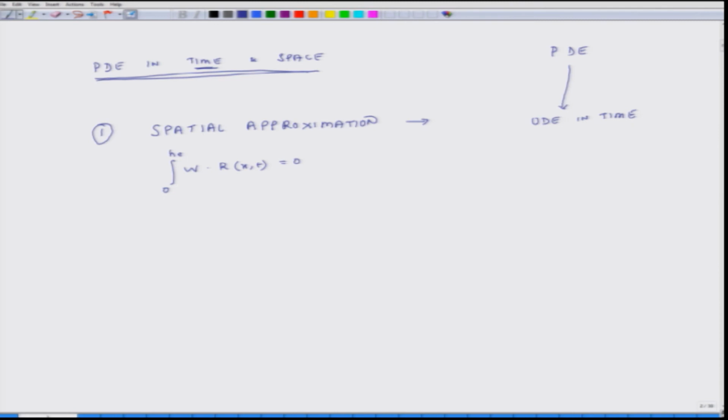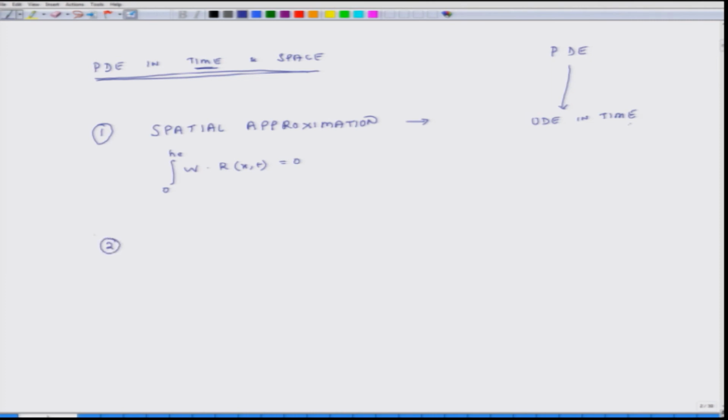Once we do this, all the derivatives with respect to x get eliminated, and the only things left are related to derivatives of time. So now we are left with only derivatives in time, and my PDE has become a much simpler equation, an ordinary differential equation.